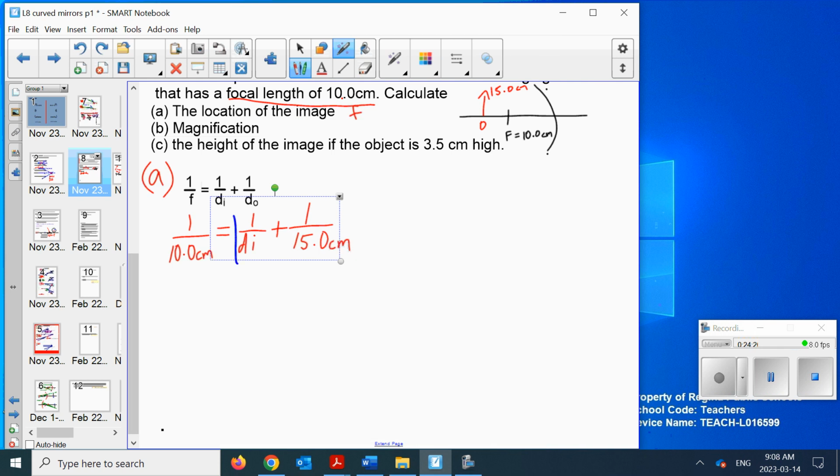We have to get DI alone, but we can't get it alone in one step. You can't just flip everything. So I have to subtract 1 over 15 from both sides. So that's the next thing I'm doing. I'll keep DI on the right-hand side. 1 over 10, I'm going to drop the centimeters, minus 1 over 15. I'm keeping the 15.0 and the 10.0 because it reminds me that my final answer is going to have 3 significant digits.